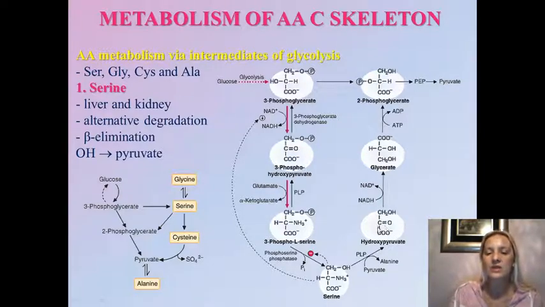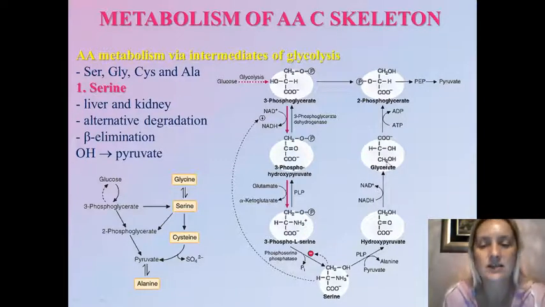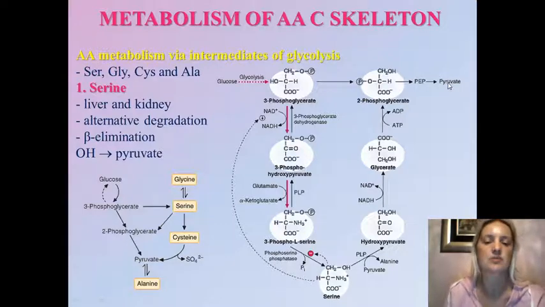And then we have the reduction of the keto group to glycerate, and of course, the donor of reducing equivalents is the NADH coenzyme. And then we have phosphorylation to 2-phosphoglycerate, which is a glycolytic intermediate converted to phosphoenolpyruvate and subsequently to pyruvate.